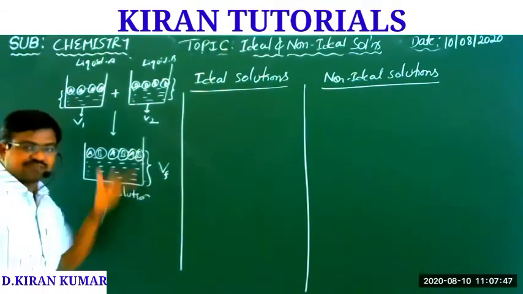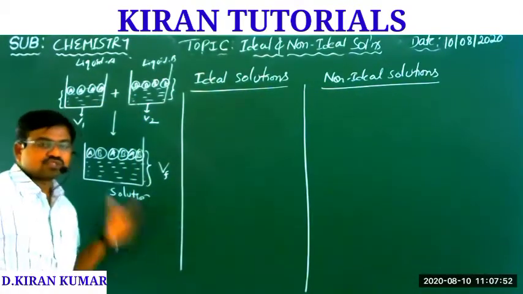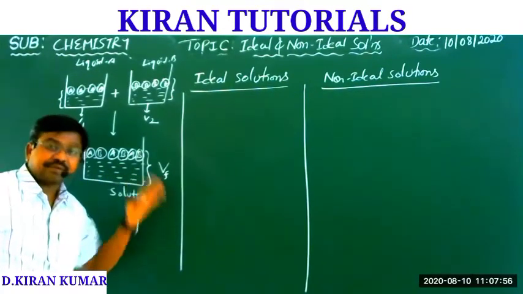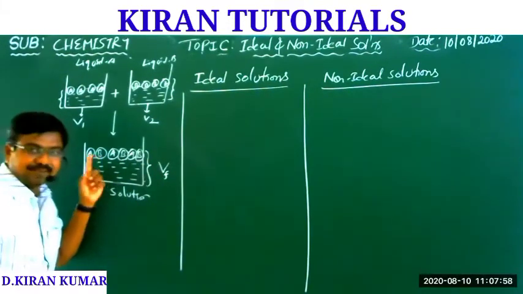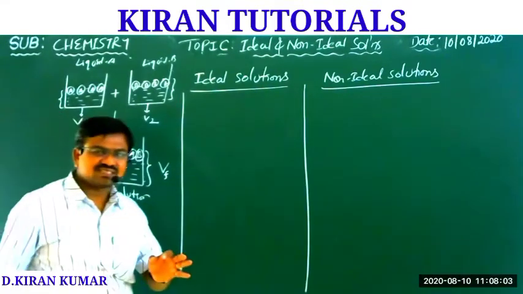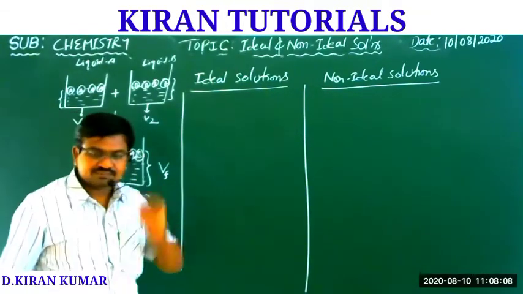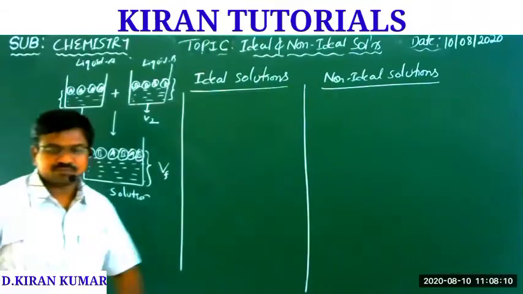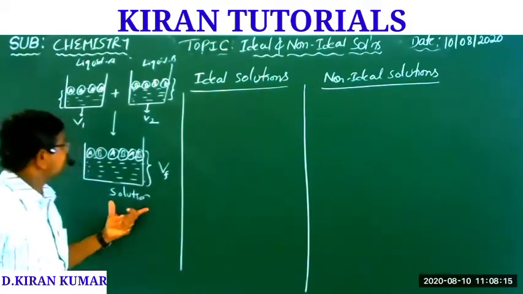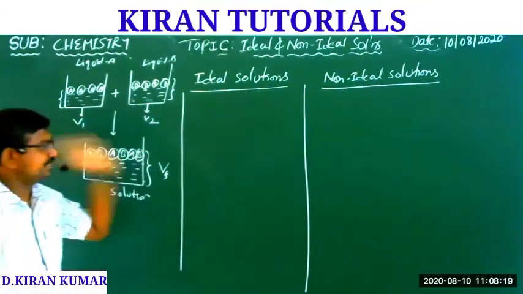When you mix them, the solution consists of A and B particles, so I write A, B. The volume of liquid A is V1, the volume of liquid B is V2, and the final volume of the solution is V final. Clear?